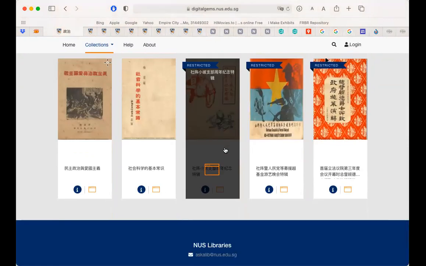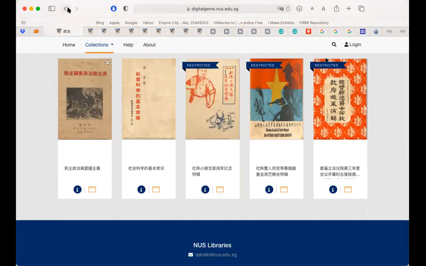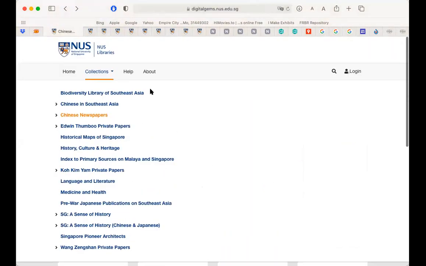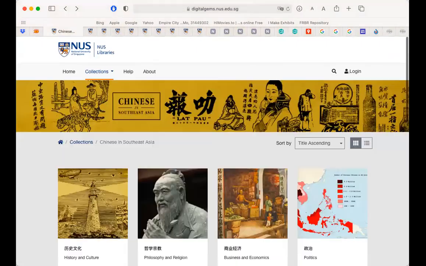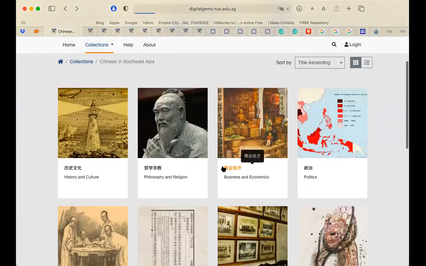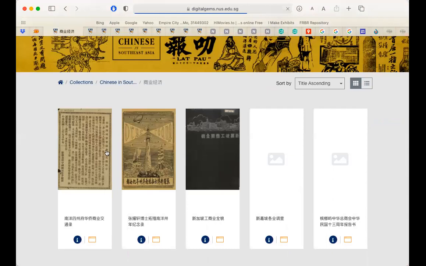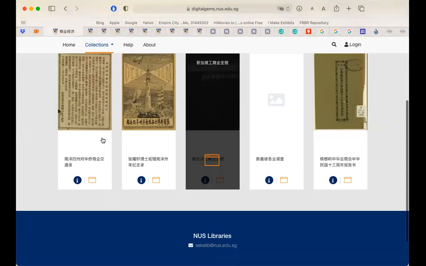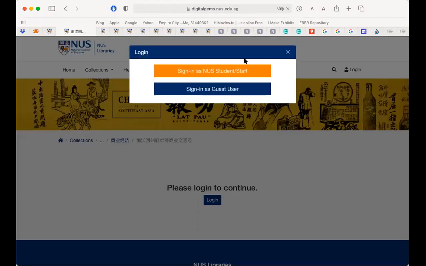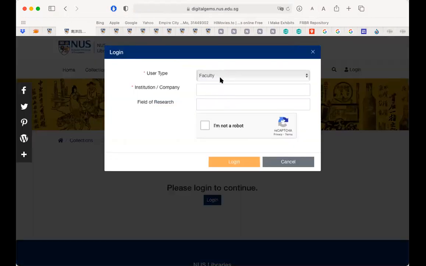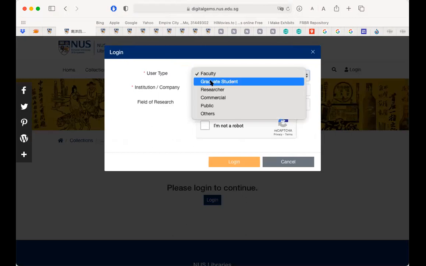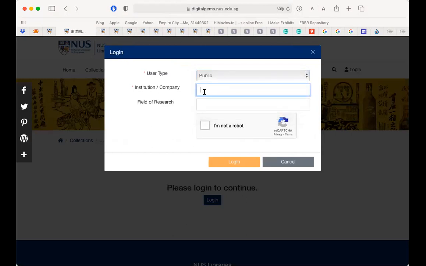Luckily, some of the earlier stuff is in fact open access now. So there's a lot of material where you can just open up any of the pages, go in there, and sign in as a guest user, public.